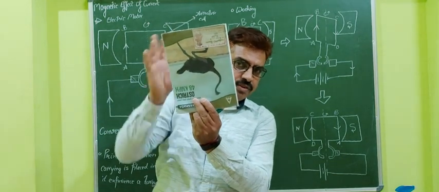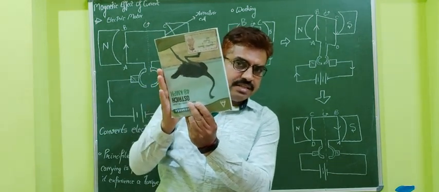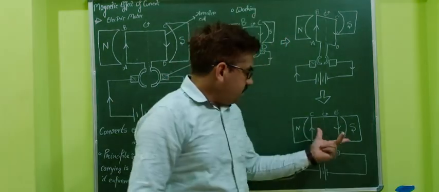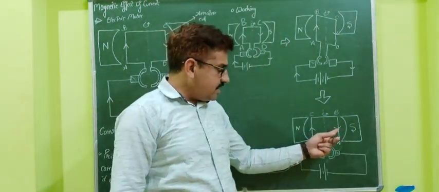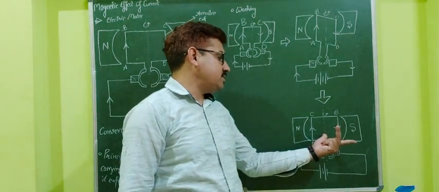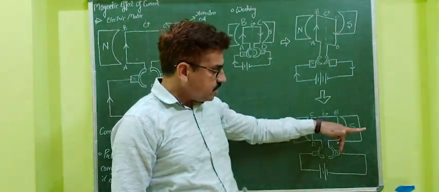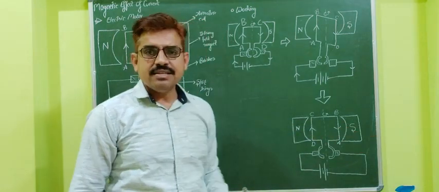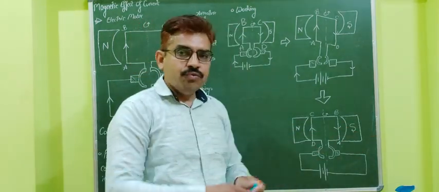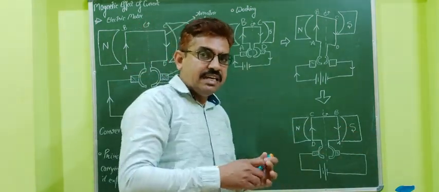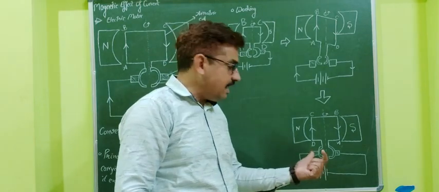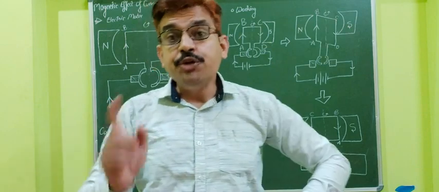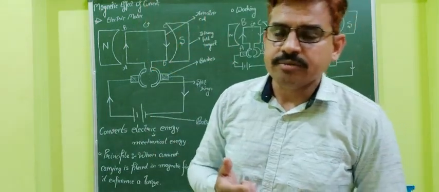So again it starts rotating, and if we see the current here, the current is again coming in the downward direction, the magnetic field is this and the force is coming out. So we can see that in this case the force in arm CD is inward, and in arm AB the force is outward. Again it continues to move in the same direction.